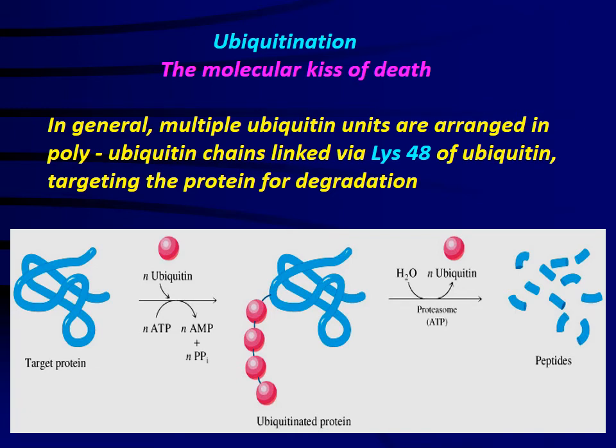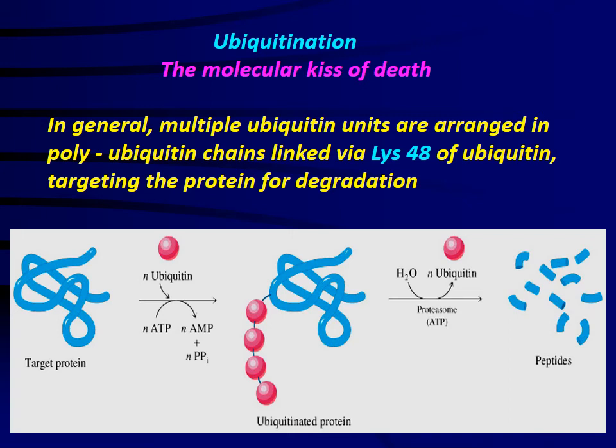Ubiquitination, the molecular kiss of death. In general, multiple ubiquitin units are arranged in polyubiquitin chains linked via lysine 48 of ubiquitin, targeting the protein for degradation. The target protein is identified and then ubiquitin is attached to the target protein at the expense of ATP hydrolysis.